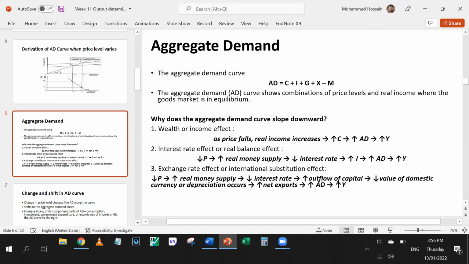When consumption goes high, aggregate demand increases and the national income also increases. So you can see here, if C, I, G, and X, any of these four increases, aggregate demand will be increasing.